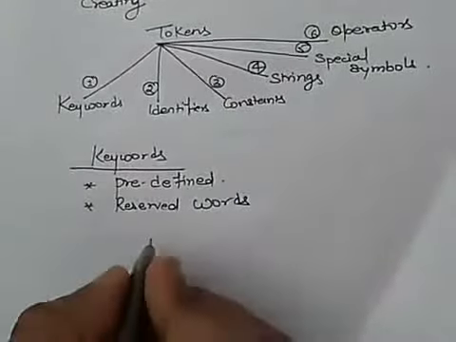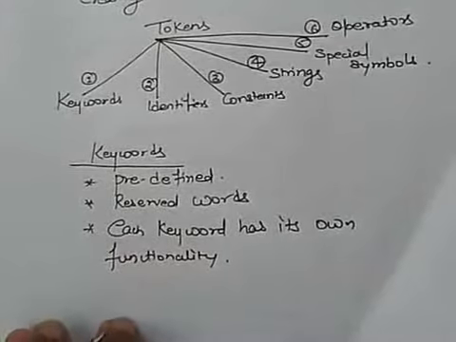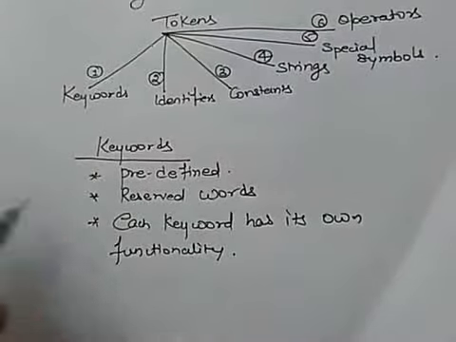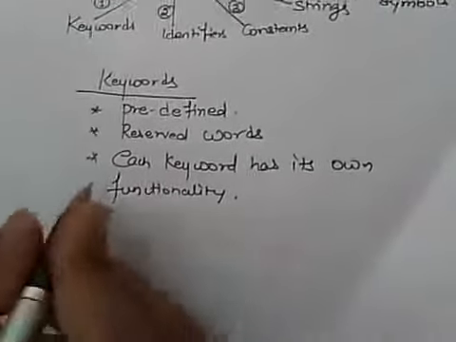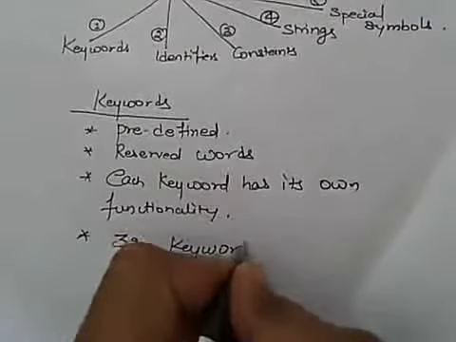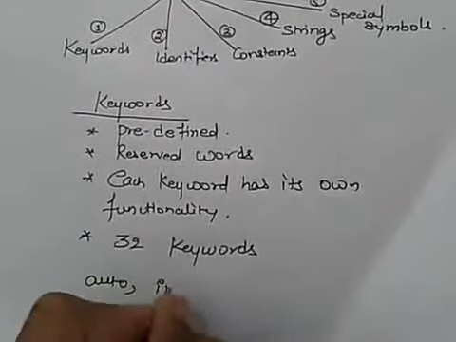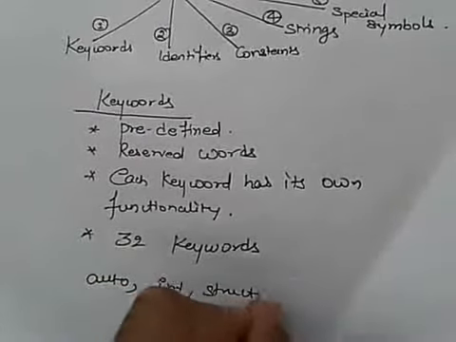Since keywords are predefined, these are used by the compilers, so they cannot be used as variable names. In C language, we have 32 keywords. For example, auto, int, struct, else, double.